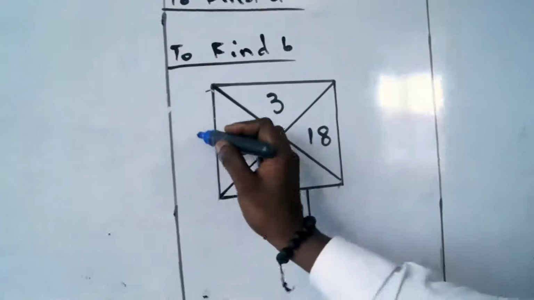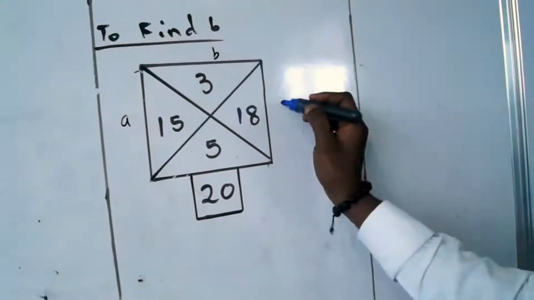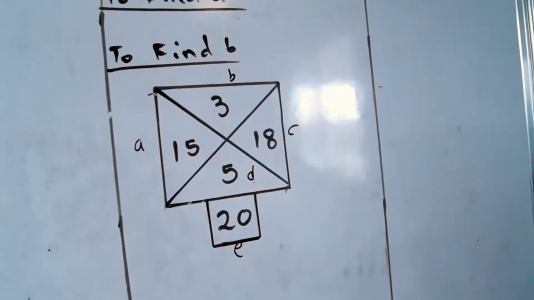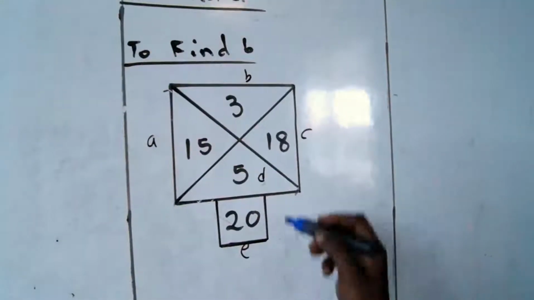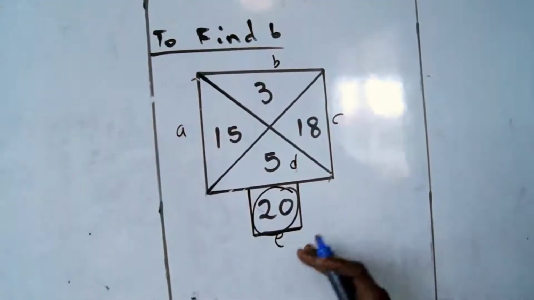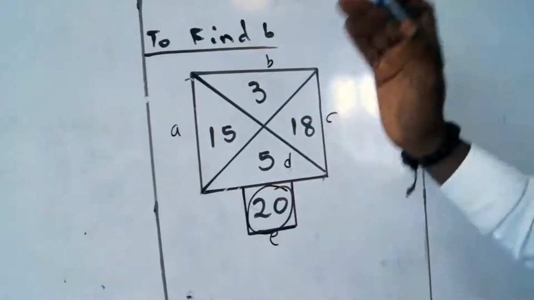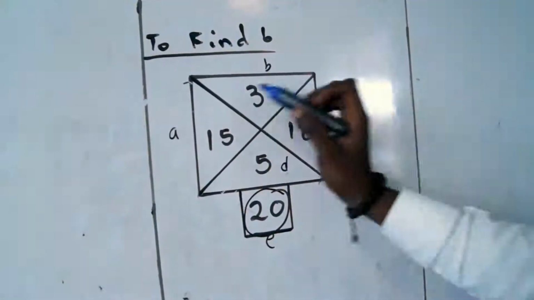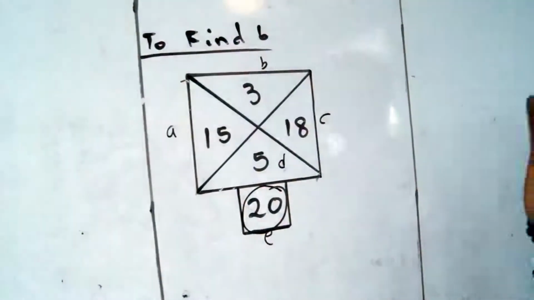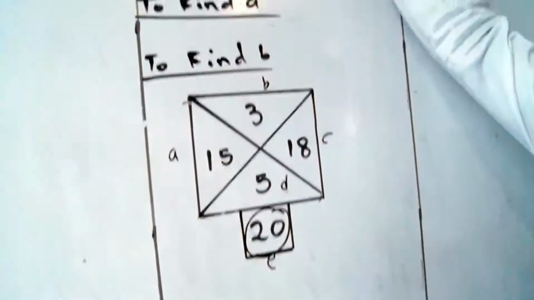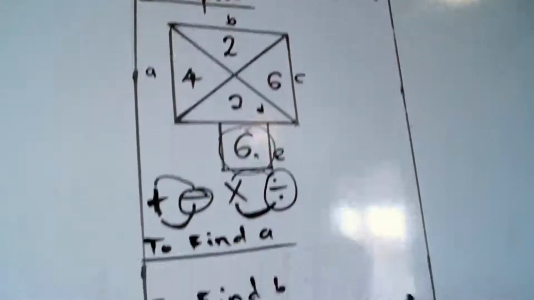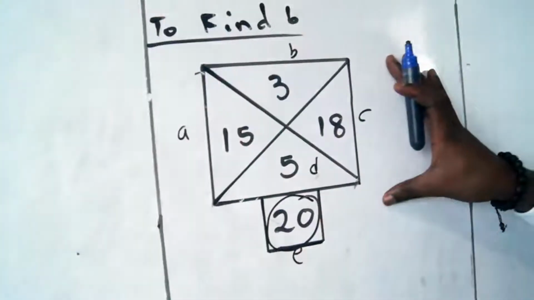The same goes with this next sample. You label it. We have A, B, C, D, and E, and you apply the same method. This is the biggest number here. How did they get this? When you're done getting that, then you'll be able to find out how they got each of these numbers. However, you must also understand that whatever operation you apply in the first sample should be the same operation you apply in the second sample.